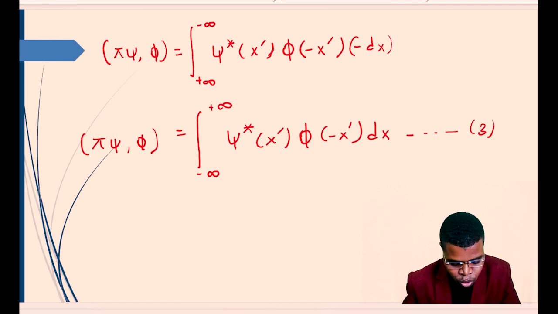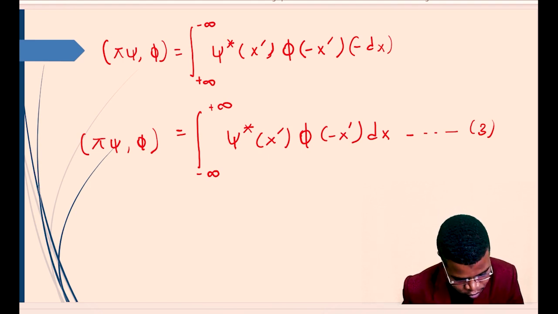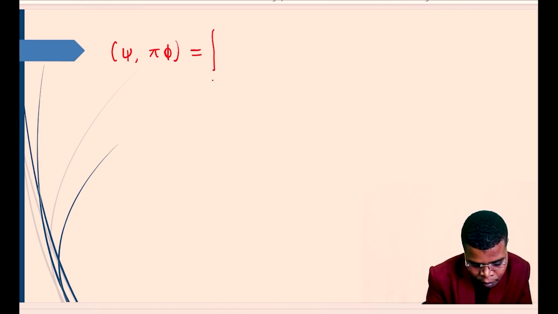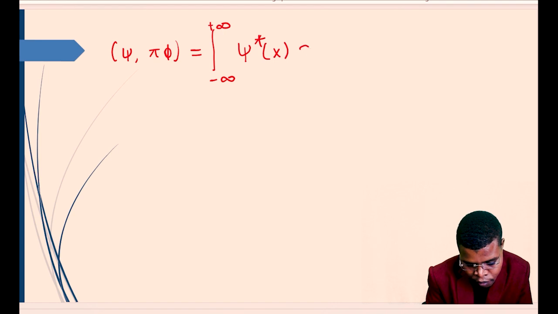Now what do we want to do? We will compare equation number 2 and equation number 3 to prove that the Parity operator is a Hermitian operator. So let us compare these two equations. First, write equation number 2. Equation number 2 was ⟨ψ, Pφ⟩ equal to the integral from minus infinity to positive infinity of ψ*(x) φ(−x) dx.